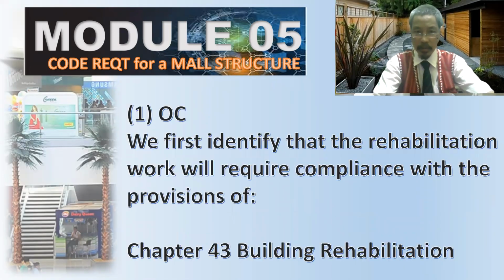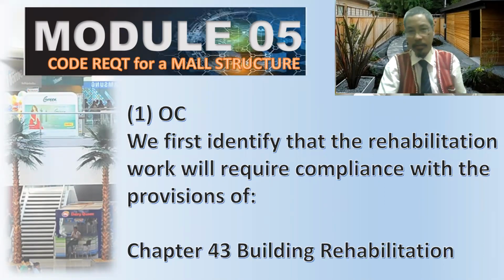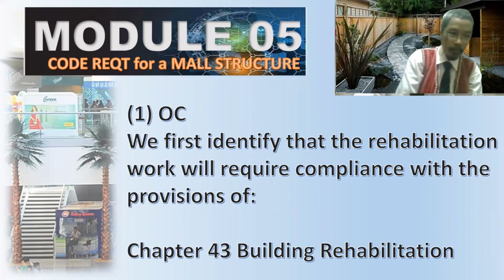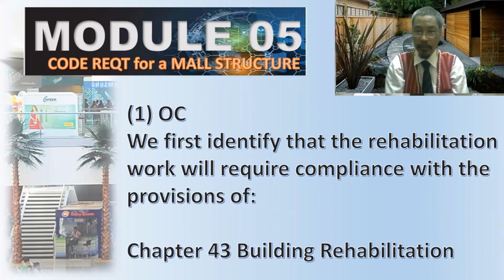Occupancy classification. We first identify that the rehabilitation work will require compliance with the provisions of Chapter 43, Building Rehabilitation. The building is already there, but since it will be used for a different tenant, it will be rehabilitated because a sporting goods store is a new business from a shoe store, maybe not very far.